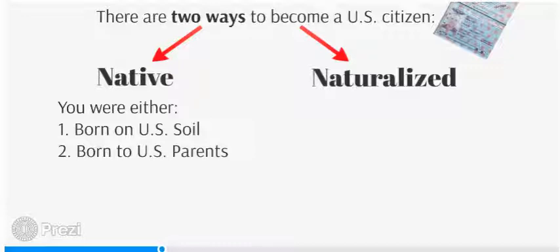The second that you step foot inside of the military base in Germany, you are on United States soil. Now, you might be inside of the geographic borders of Germany. However, the second that you step foot inside of the United States military compound, you are on U.S. soil.